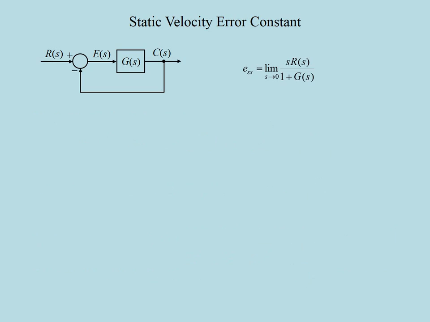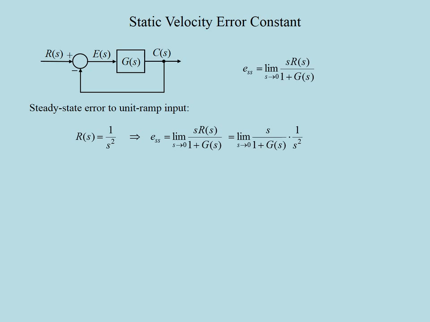Next, consider the steady-state response for a unit ramp input. This time, R(s) is 1 over s squared. Applying the final value theorem and substituting R(s), we can cancel a factor of s in the numerator and the denominator.